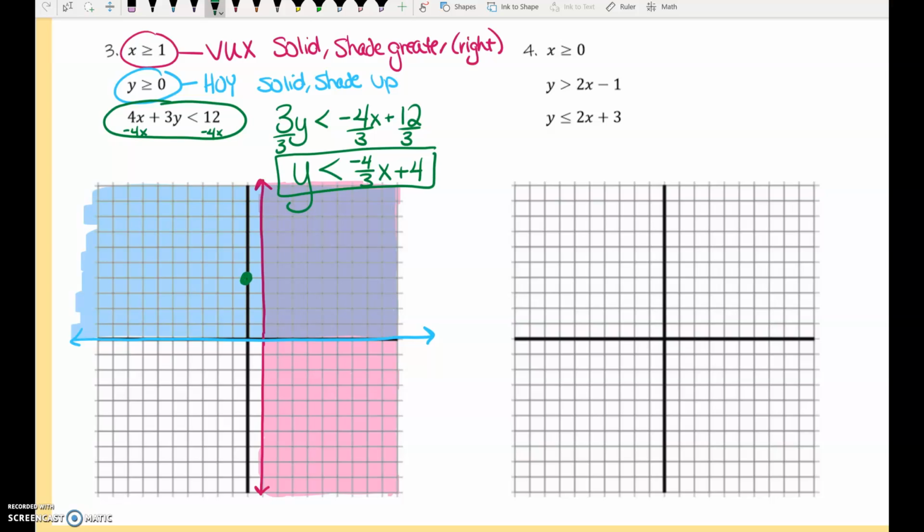Don't get confused by that vertical line that we drew. You're still starting at 4 on the y-axis. A slope of negative 4/3. This time it's going to be a dashed line.